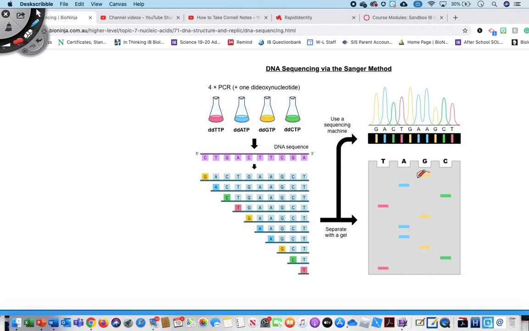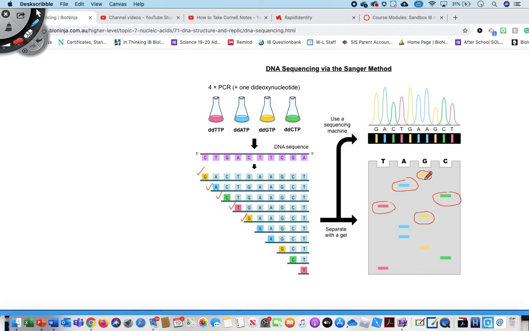I would read the G here, okay? G, and then I would read the A, and then I would read the C, right? I would go according to the length of the fragment, and then I would read the T here, and then I would read the G here, and I would continue reading that. And I know that each fragment corresponds to a ddNTP that has stopped at a particular DNA sequence.